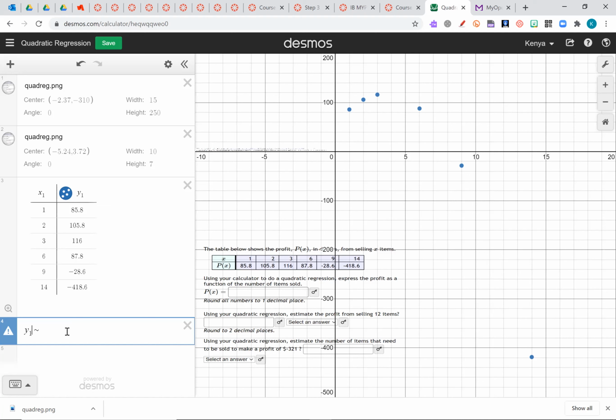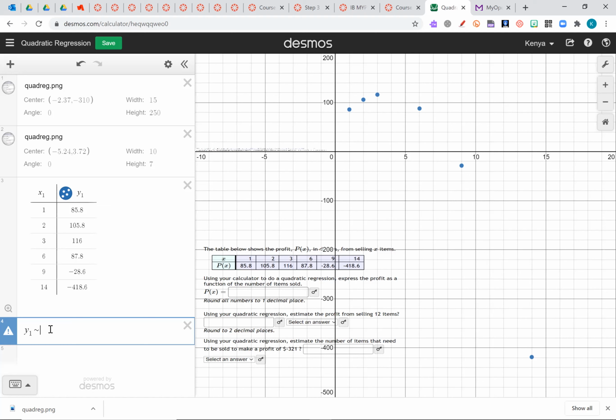So y sub 1 is approximately, so we're looking for a quadratic regression line. A quadratic regression line is a statistical model of the data points that we have. We're saying it describes the relationship between the independent and the dependent variables. So we're looking at how good this relationship might be through this quadratic model that we're about to define here. Again, we're typing this in standard form.